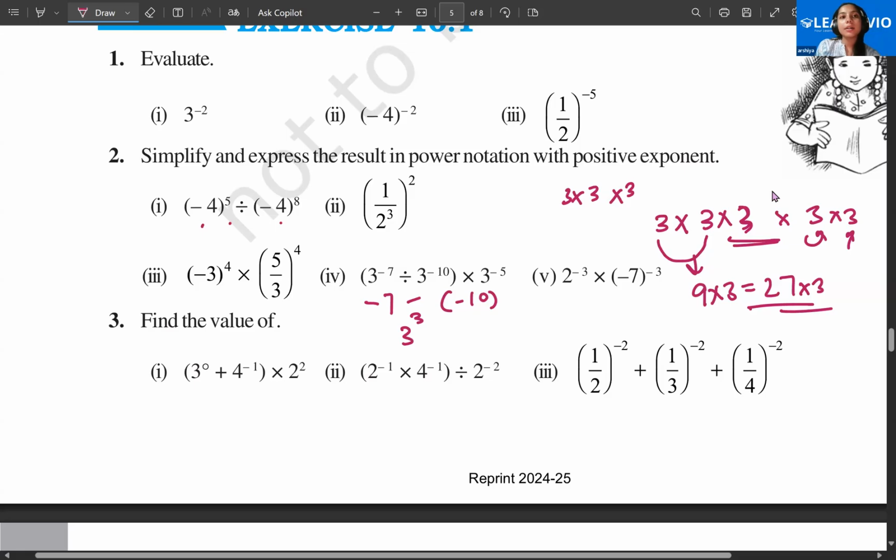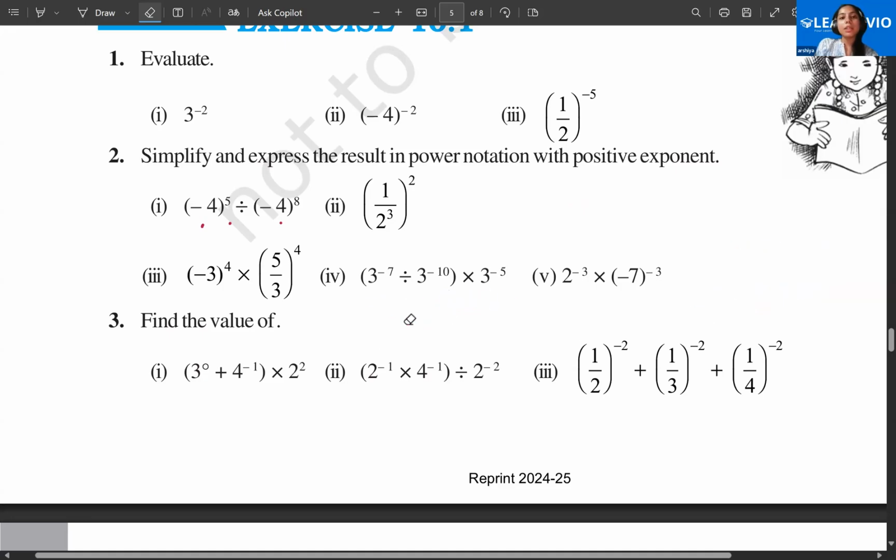27 into 3 to the power of negative 5. Wait, listen to me. You don't open the powers yet, okay? Because you have one more number that you have to solve with. If you open the power, you cannot apply the laws of exponents.